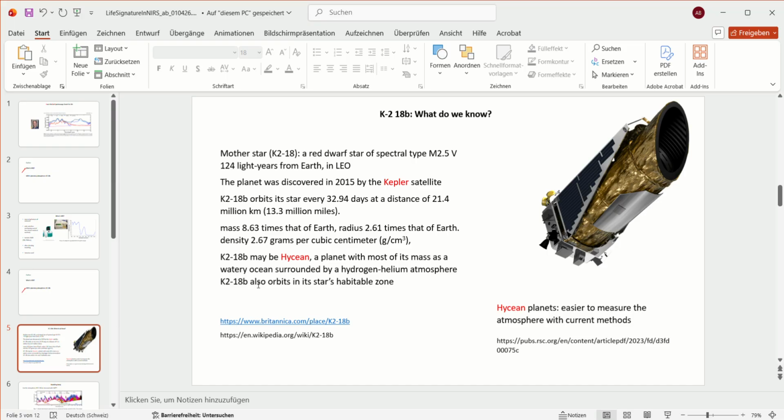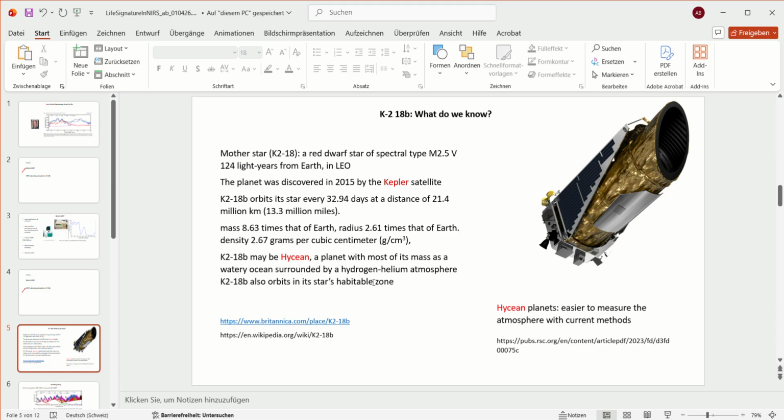And it's an important planet because it orbits its star in the habitable zone. What does habitable zone mean? You can calculate the irradiation on this planet because you know the brightness of the star and you know the distance from the star to the planet. So you can say the average temperature. Of course, this depends on the albedo and on how strongly the atmosphere can keep the warmth together, so the greenhouse effect.